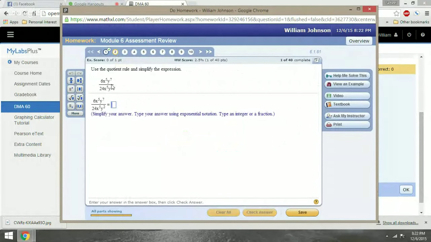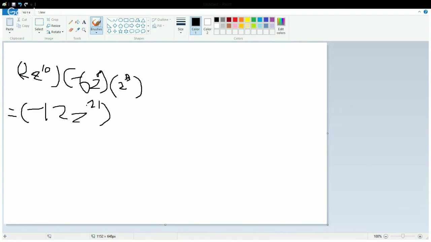Okay, so this one says use the quotient rule and express the following. So basically, the first thing that you're going to do is deal with the exponents. Could you move the mouse just a tad to the right so I can see the final exponent? Thank you. So let's flip back to my screen share while I copy this over.